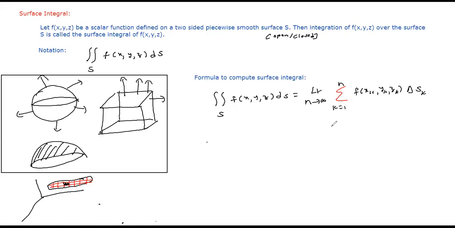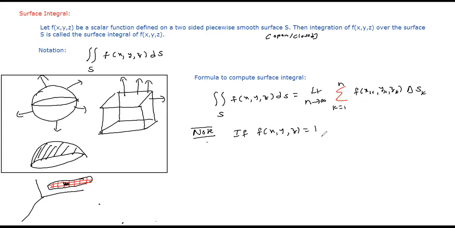From each partition part, you take one point, compute the function value at that point, and multiply with the geometrical measure of that part. In case of a surface, it will be the surface area. Then if you take the limit of the sum of all these products, and if that limit exists, that is called the surface integral.